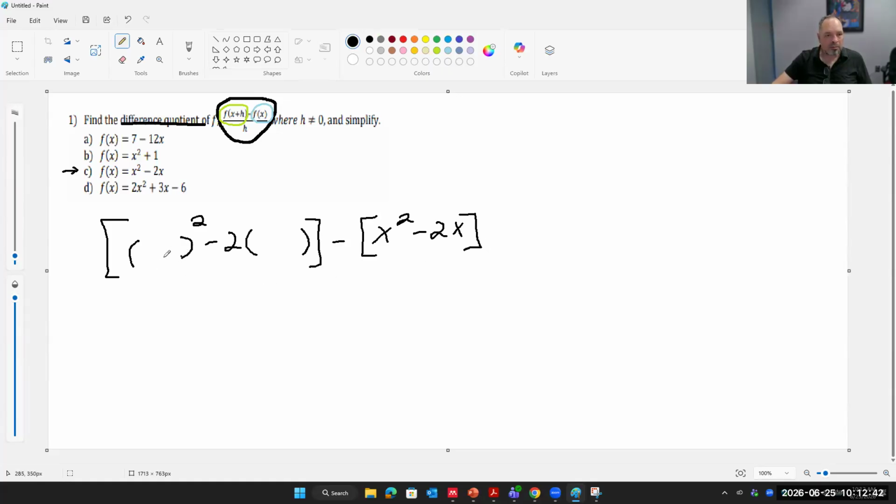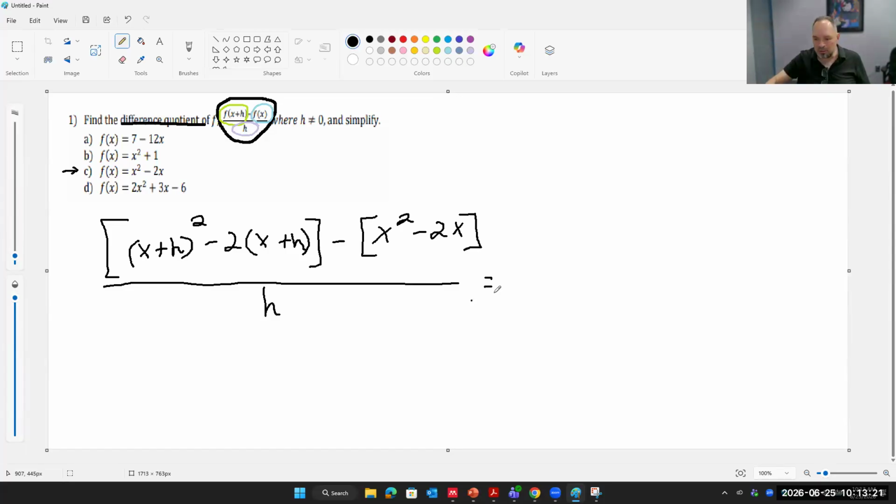And so in the first expression, replacing the x with x plus h, we're left with x plus h squared minus 2 times the quantity x plus h. And just following the rest of the formula, we've got divided by h.